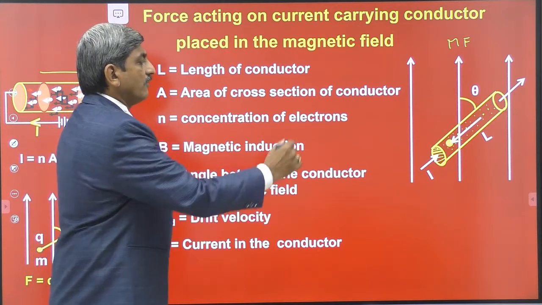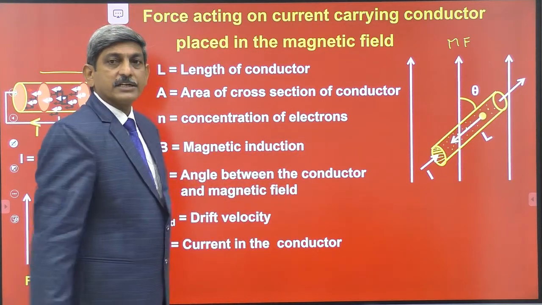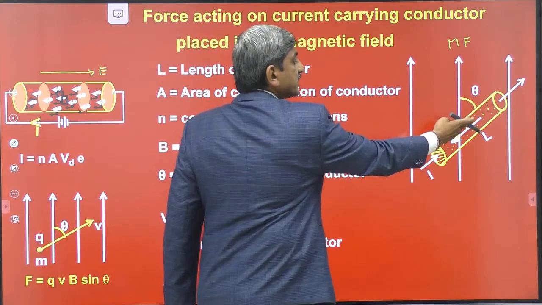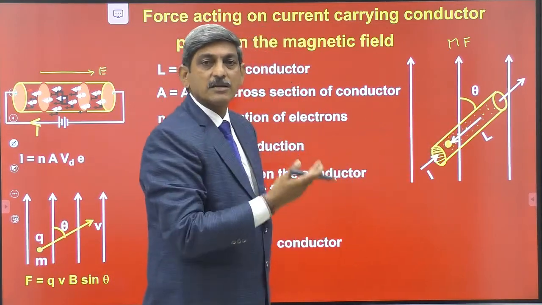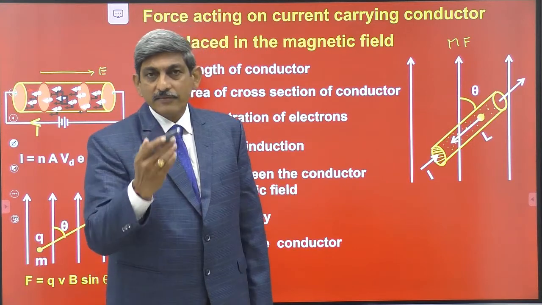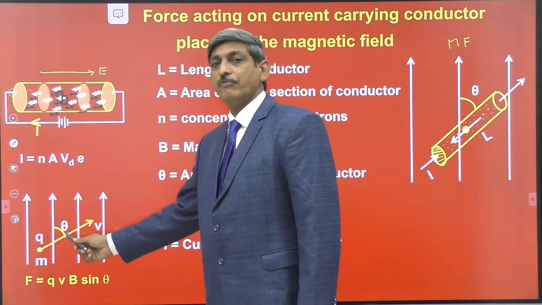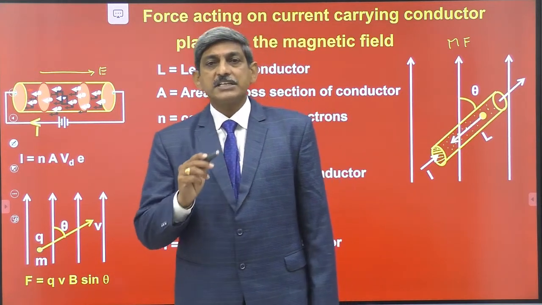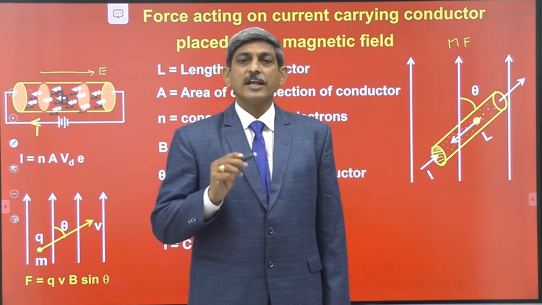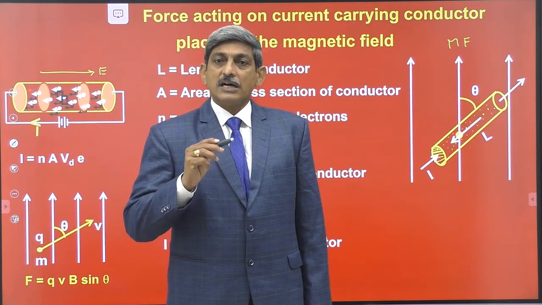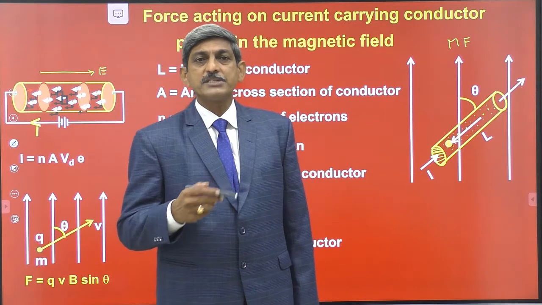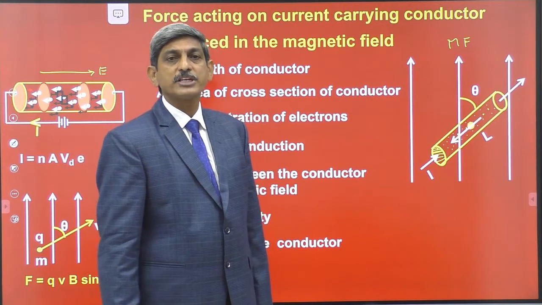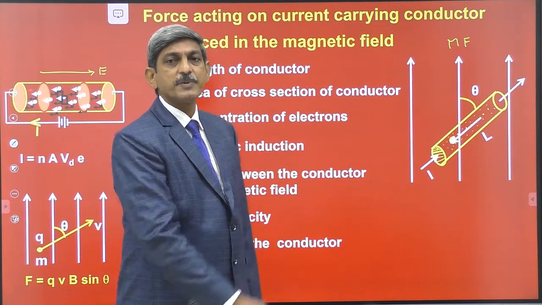Whenever current is passing through the conductor, the electrons are moving inside it, and we know that some force acts on moving electrons. That's why on each and every electron some force is acting. Because of that, the conductor which is carrying current also experiences some force whenever it is placed inside the magnetic field.